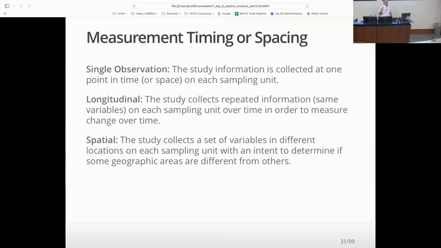Other ways that a study can do measurements in time or space are longitudinal studies. That means I'm making repeated measurements over time of the same variable, right? So I have a study population I'm interested in, maybe even a sample of 100 people in Durham.